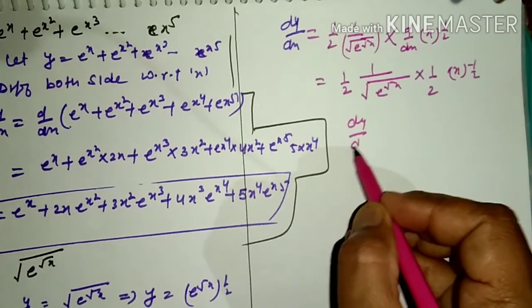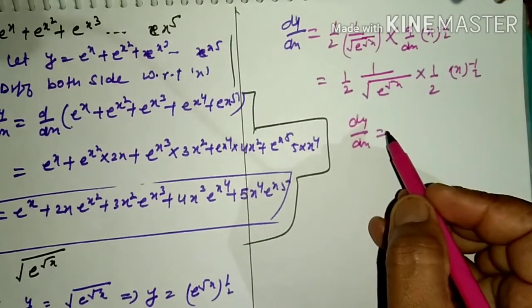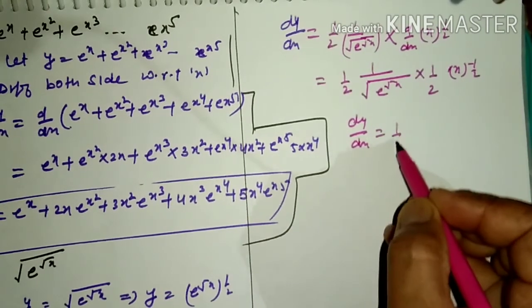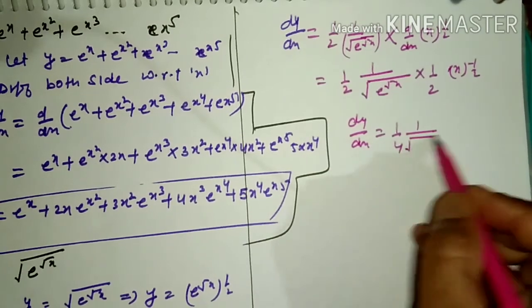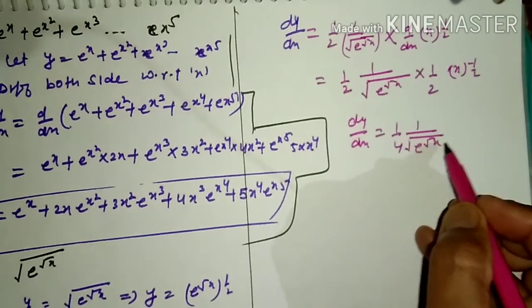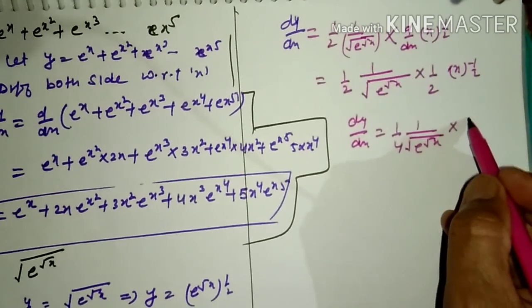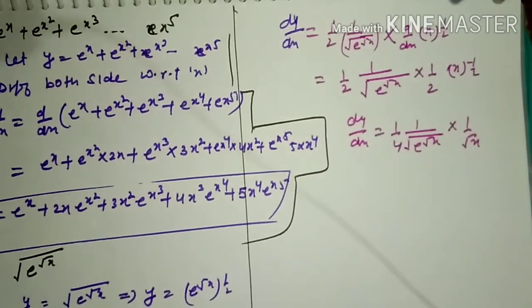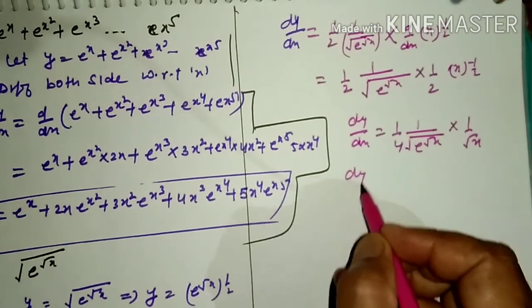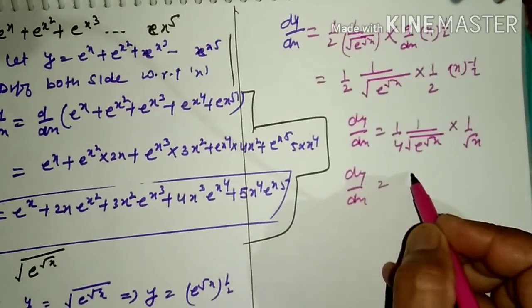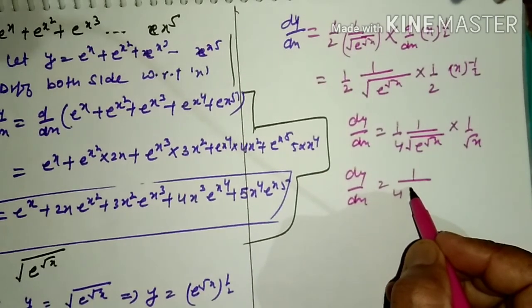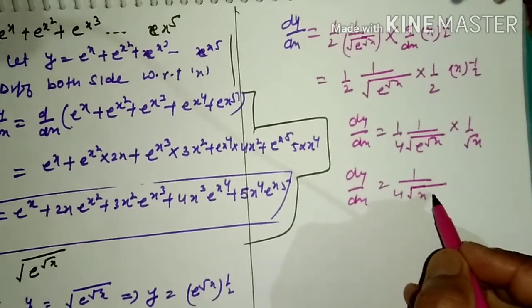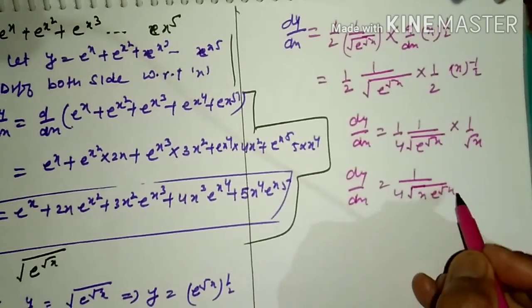So dy upon dx is equal to 1 upon 4, clear, upon under root e to the power root x, and it can be written as 1 upon root x. Clear? So dy upon dx is 1 upon 4 root x and e to the power root x. Clear?